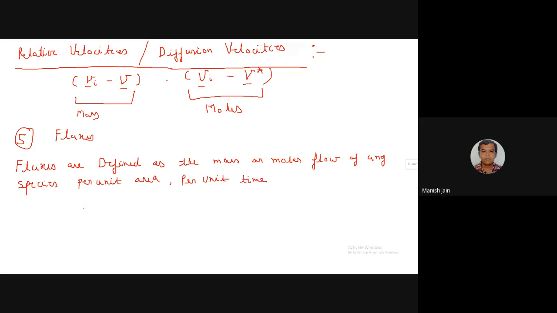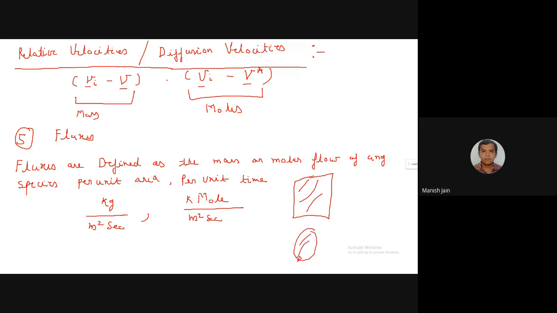So basically it is kg per meter square second, or kilomole per meter square second. Suppose this is the cross-sectional area, or this is the pipeline where material is flowing from one point to the other.